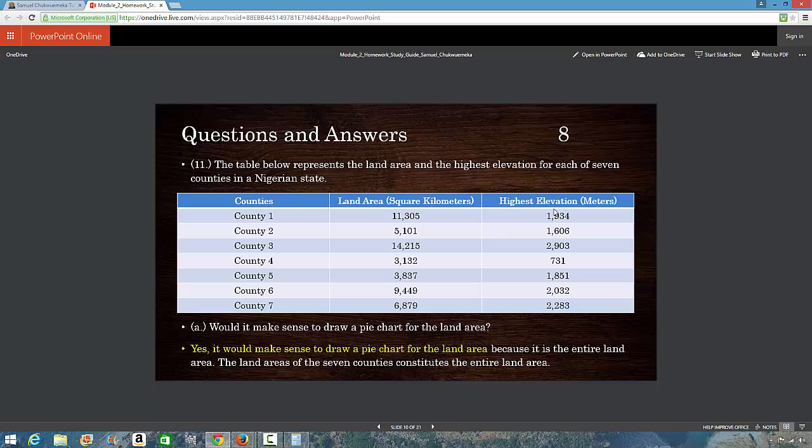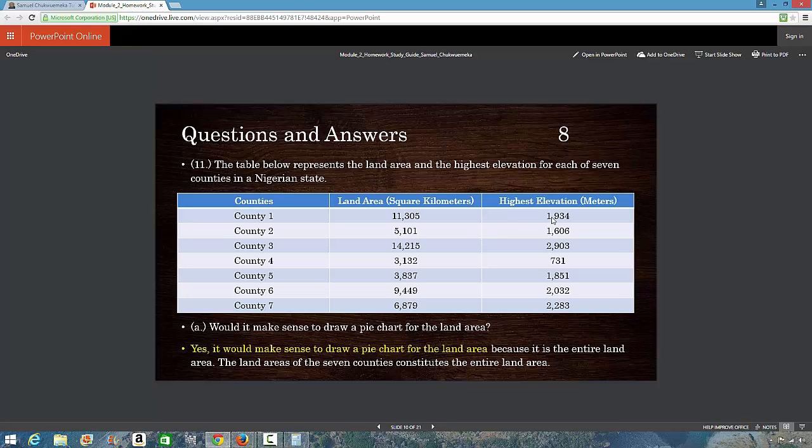But it will not make sense to draw the highest elevation. Why? Because this is just the highest elevation. Do you understand what I'm saying? For you to draw a pie chart, it has to represent the total, with all categories present.